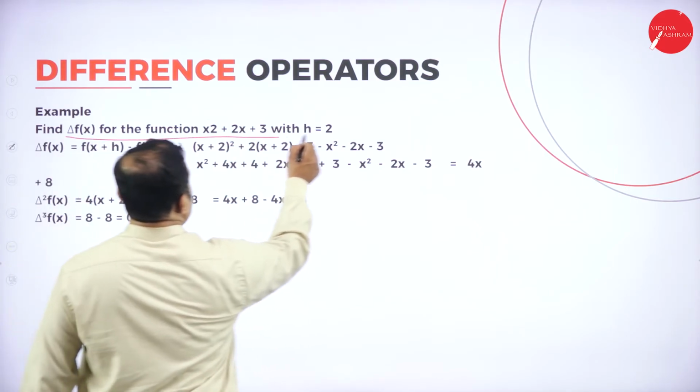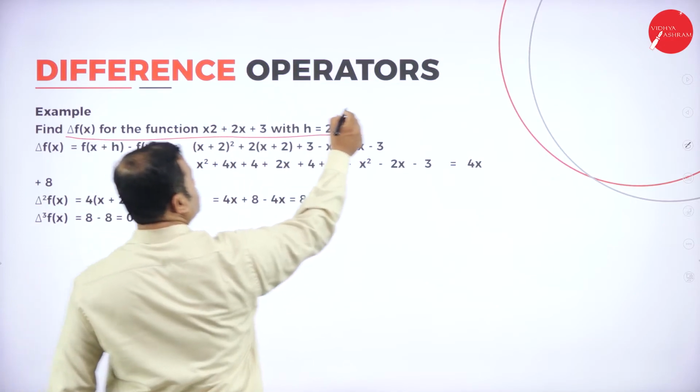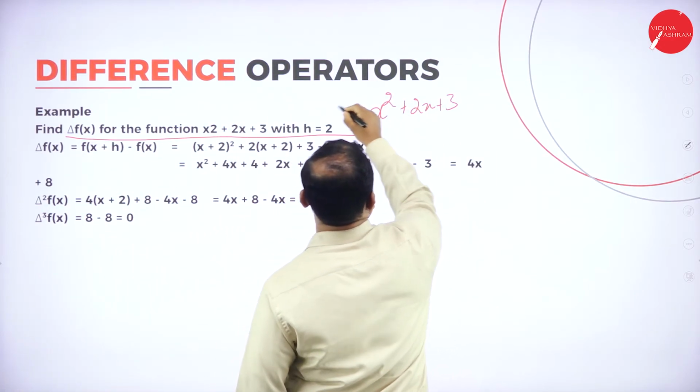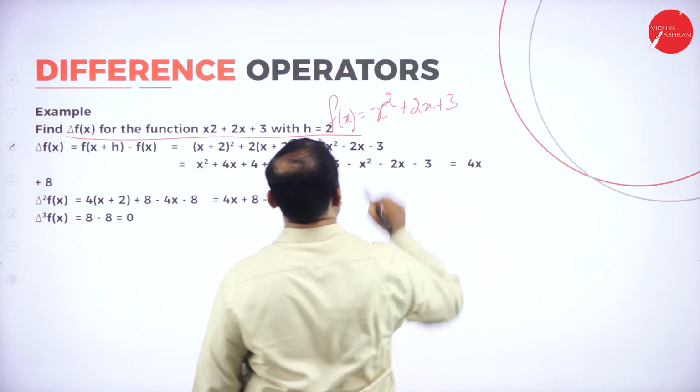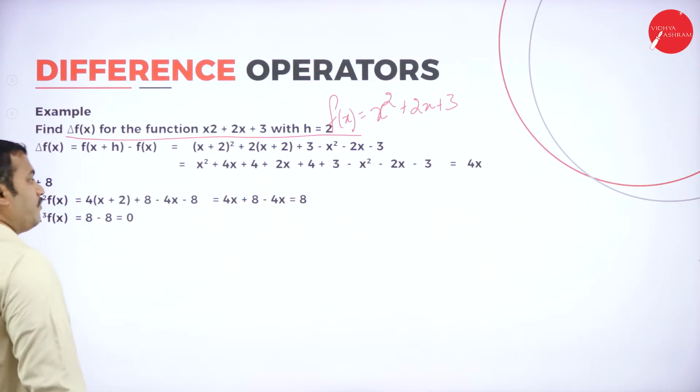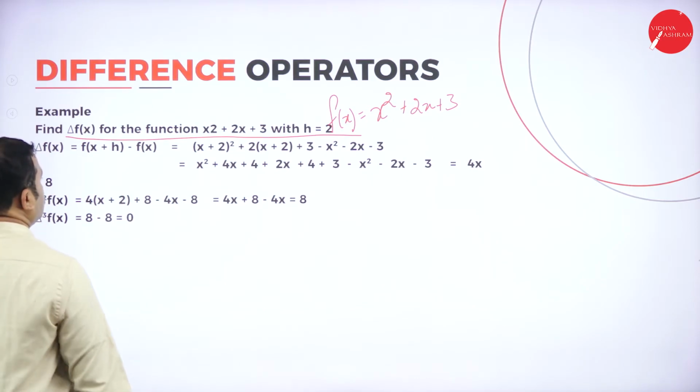For the function x² + 2x + 3, that is f(x) equal to this. Now for this, what is the step size h? We want to find that out. How can we find that?